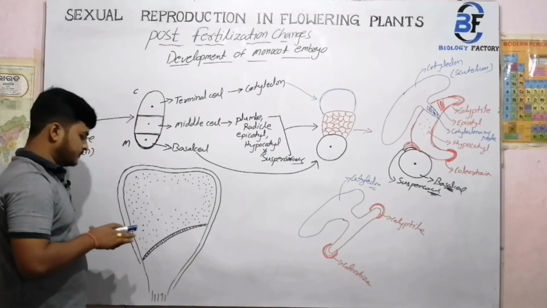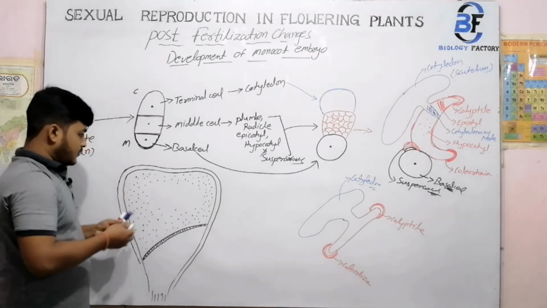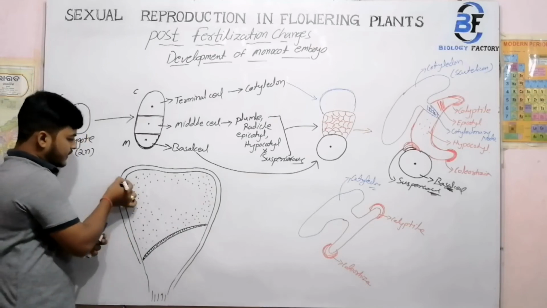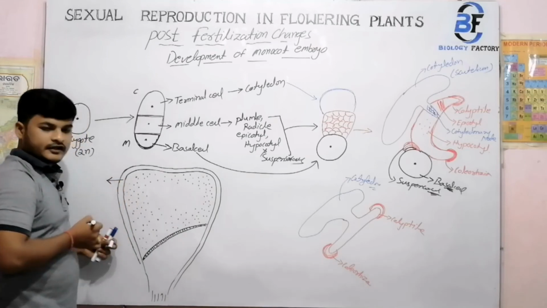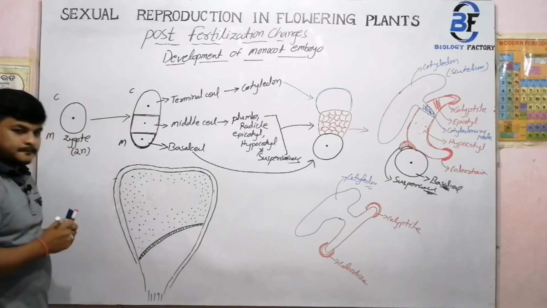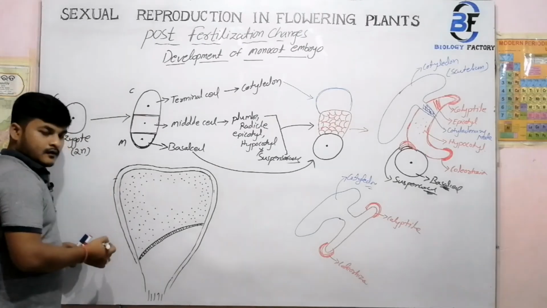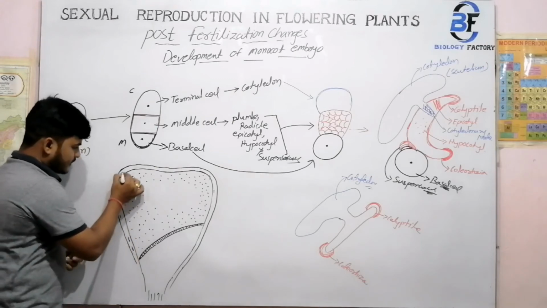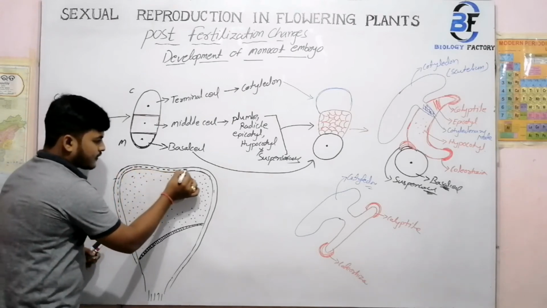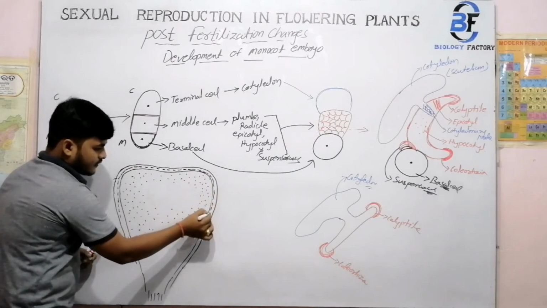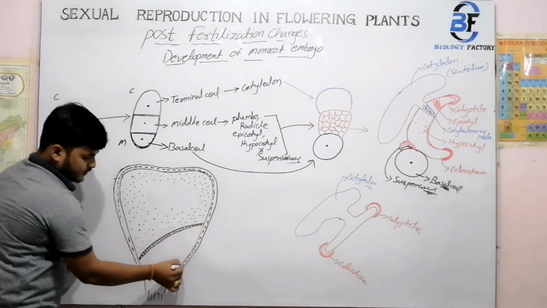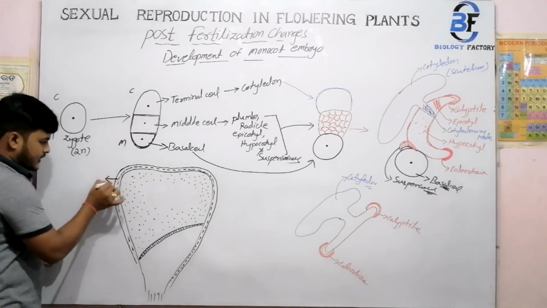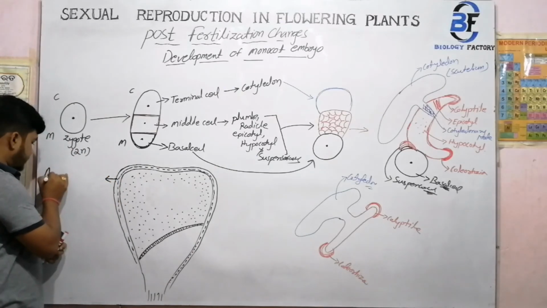In a monocot seed, we take the example of your maize seed, and the outer layer of your maize seed, this thin layer, is otherwise known as your aleurone layer.